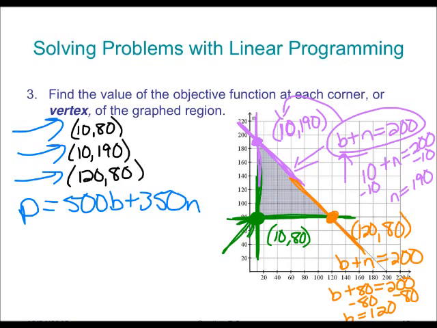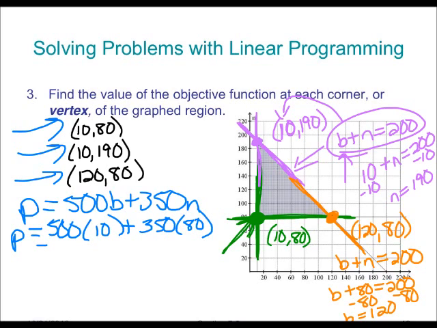So the first point has a B value of 10 and an N value of 80. So the first point I'm going to plug in, I have 500 times 10 plus 350 times 80. Without a calculator, I'm not going to be able to do that in my head, but you would do that in your calculator to figure out what that value is.